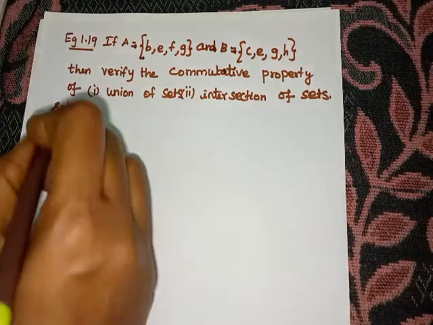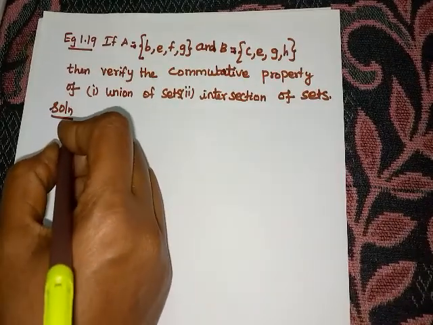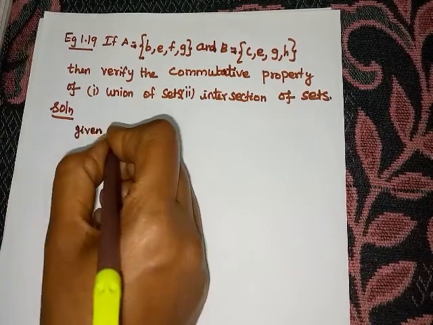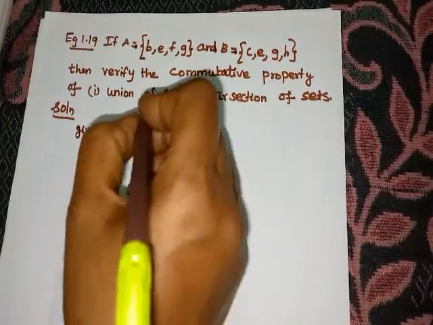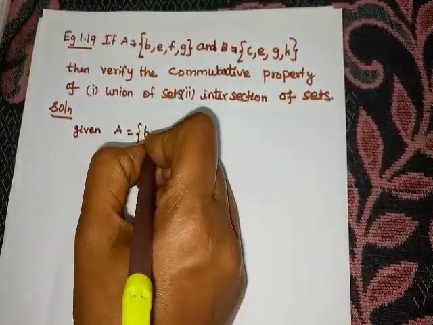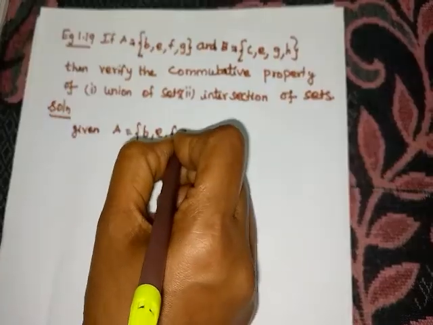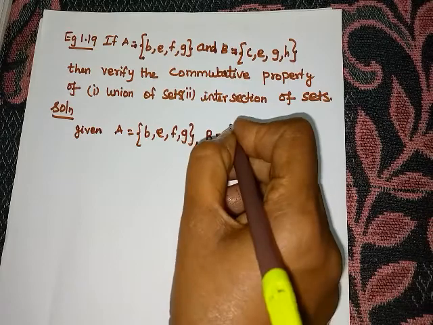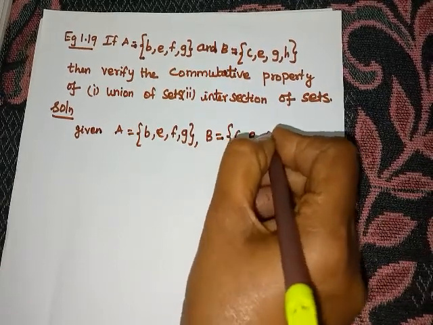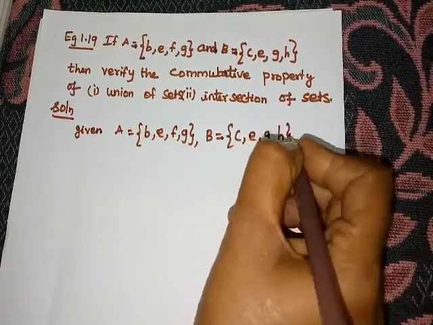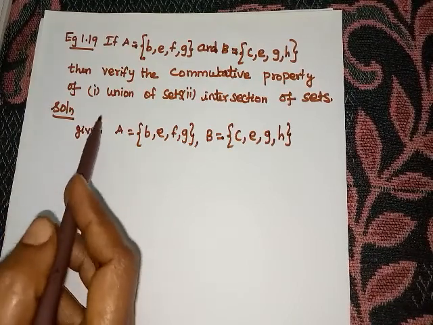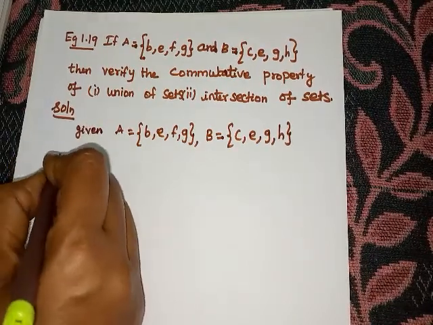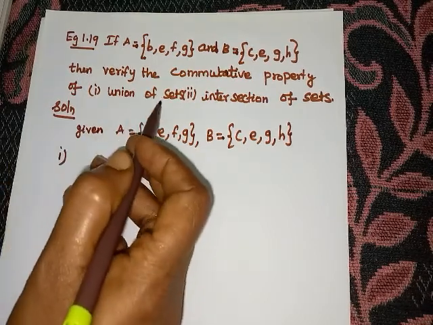So what is given? Given sets are A is equal to {B, E, F, G} and B is equal to {C, E, G, H}. Okay. To verify, first of all we are going to verify the first part, union of sets.